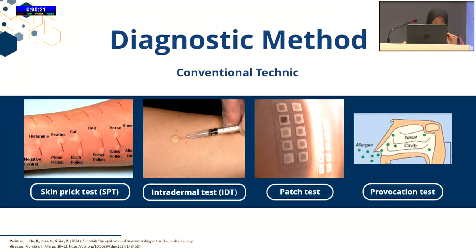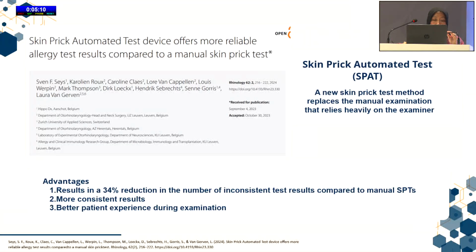The conventional allergy tests include skin prick test, intradermal test, patch test, and provocation test, which help identify specific allergens. Skin prick automatic test is a modern method that provides more accurate results than manual skin prick test, reducing result inconsistencies by 34% and improving patient comfort.